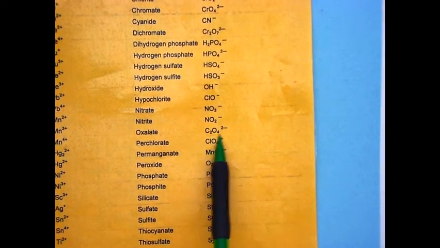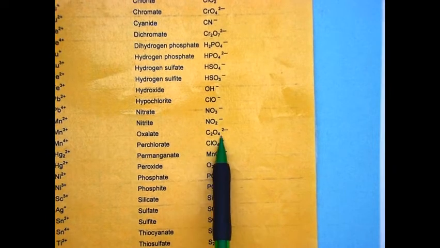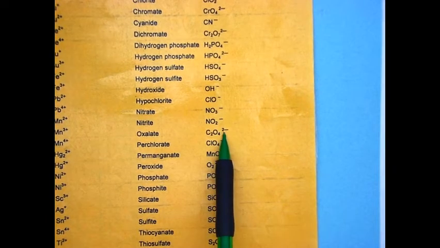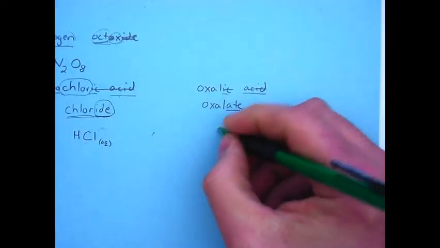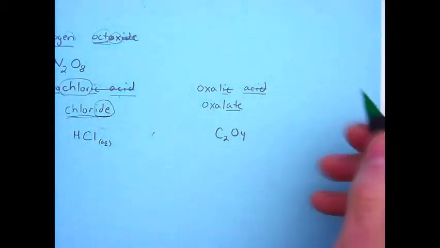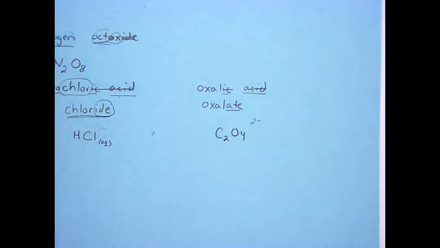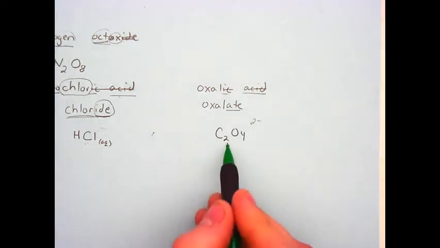Now the formula for it is C2O4, and the charge is -2. Since it's an acid, we have to put one hydrogen per negative charge in front of it.